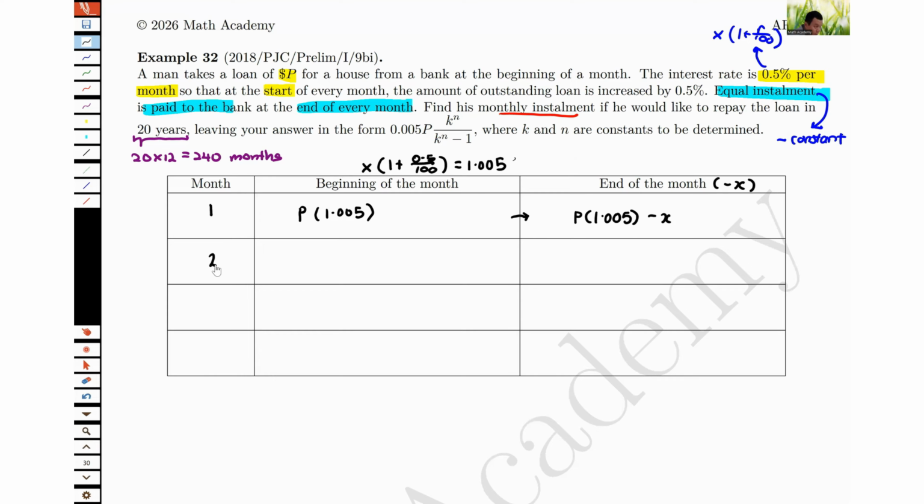And let's go to month number 2, copy and paste and multiply by 1.005. So there will be a square involved. Move right. Month 3, again copy paste first, and then we multiply by 1.005.